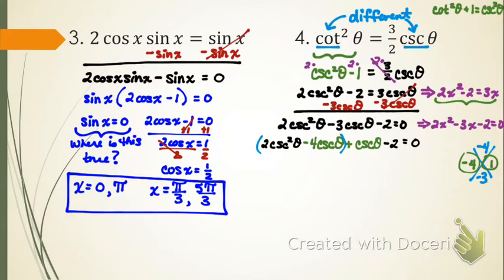I want to take out 2 what? 2 cosecant theta. What would that leave me with? Cosecant theta minus 2. Out of this second group, what can I take out? +1. And that would leave me cosecant theta minus 2.